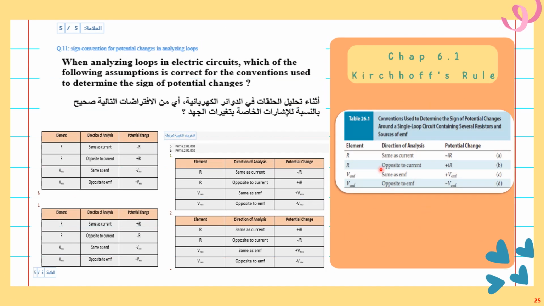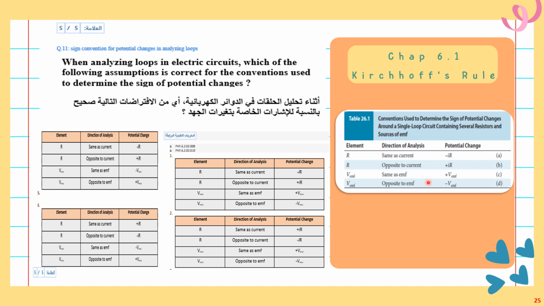Question number 24 from Kirchhoff's rule. This is so interesting. When analyzing loops in electric circuits, which of the following assumptions is correct for the conventions? To solve this question, these are the 4 options, and we need to find which one of them is the correct one.